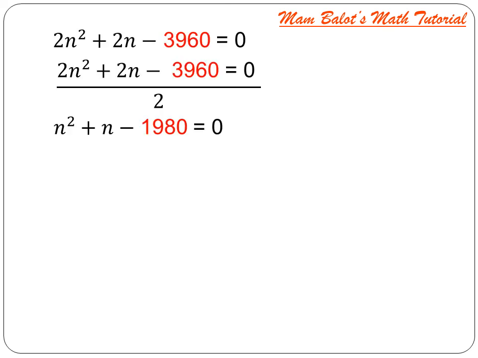So from this, we will divide the whole equation by 2. So that becomes now n squared plus n minus 1,980 equals 0.